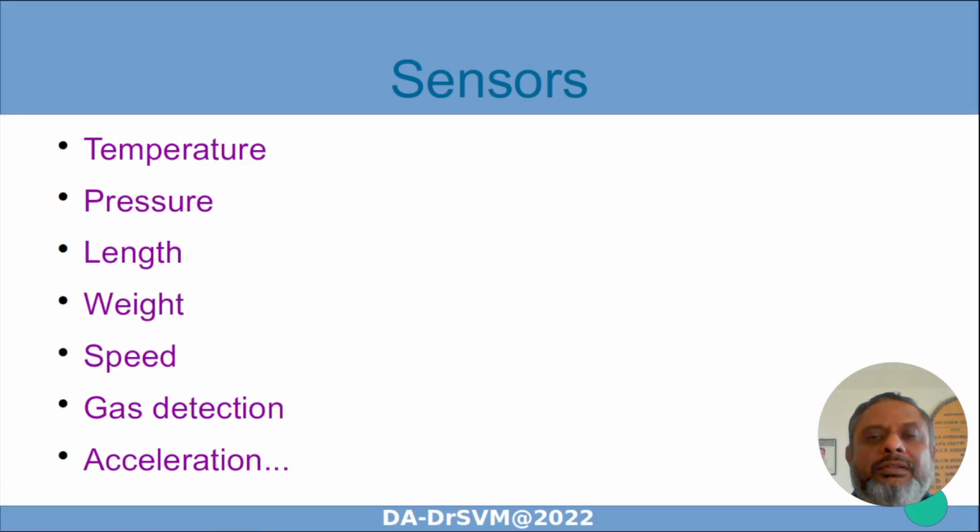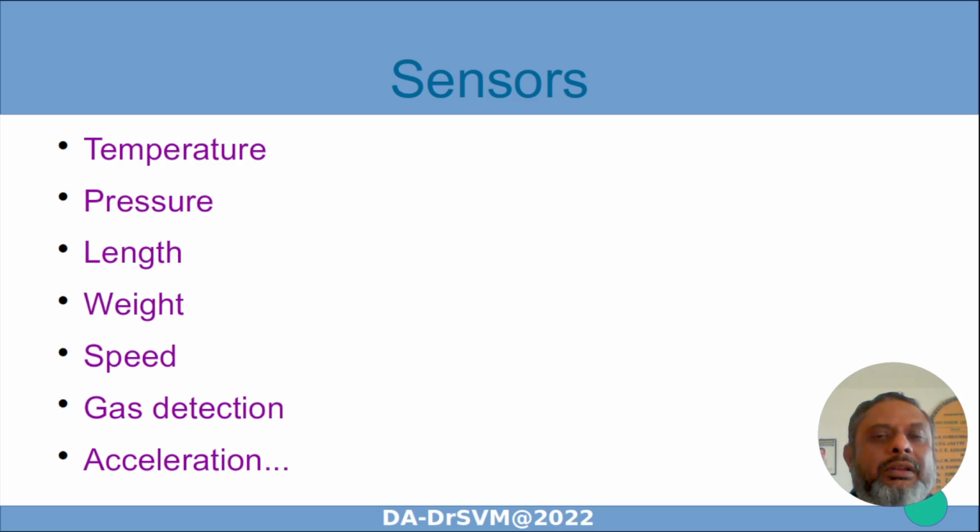So basically, sensors are the devices used to convert. Technically, they are called transducers, which convert one form of energy into another form of energy. The energy may be in the form of temperature, pressure, or any other thing. So we do like to convert from one form to another, and for sensors we use transducers.